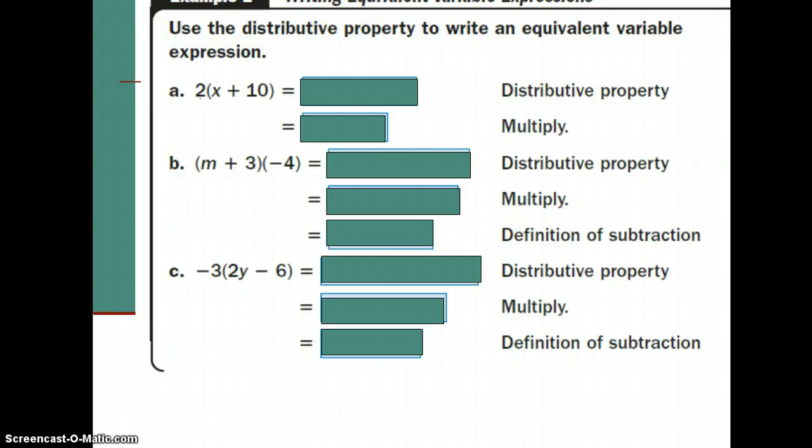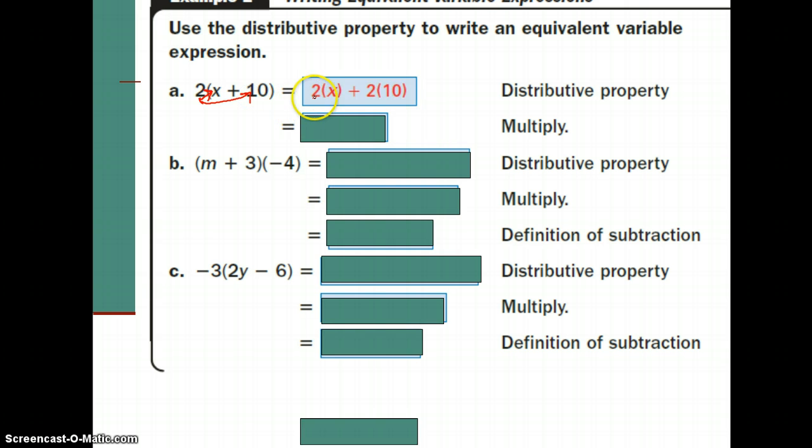Example 2. Use the distributive property to write an equivalent variable expression. This time we cannot solve for a single answer because of the variable, and we do not know what the variable is. However, we can rewrite this expression by distributing or passing out the 2 to the x and then 2 to the 10.